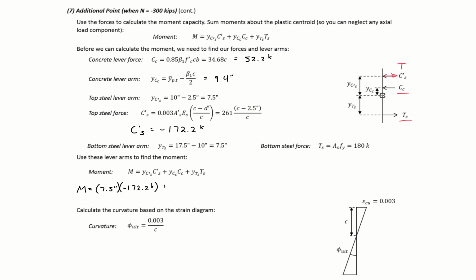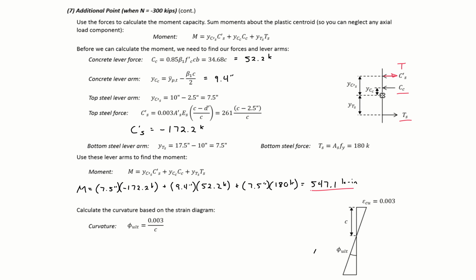Then we'll have plus 9.4 inches times 52.2 kips plus 7.5 inches times 180 kips will give us a moment here of 547.1 kip inches. So this is our moment.